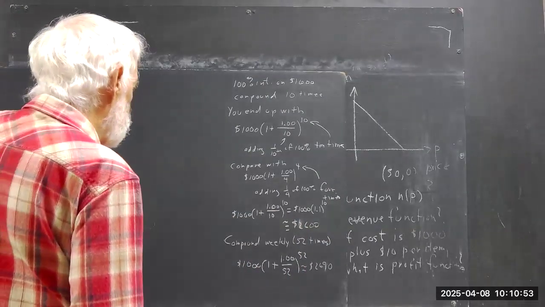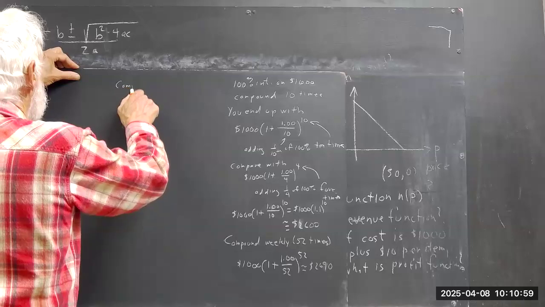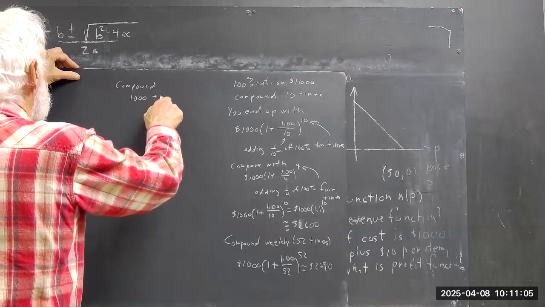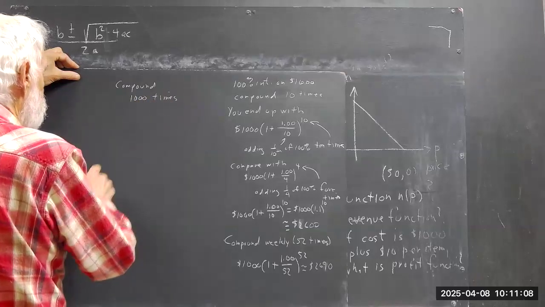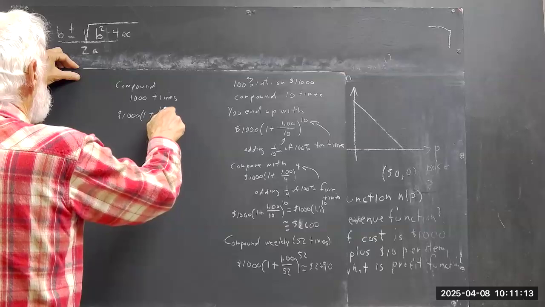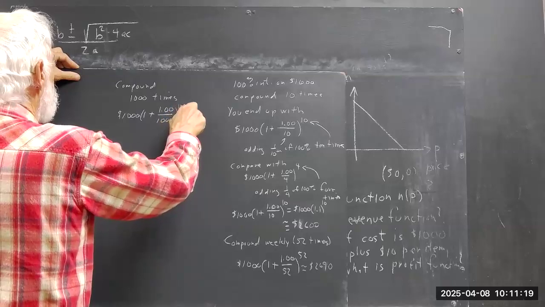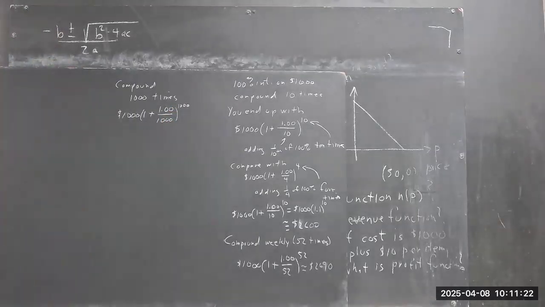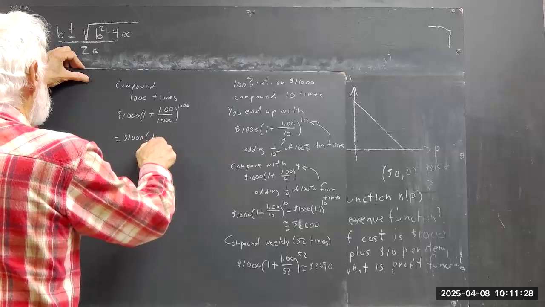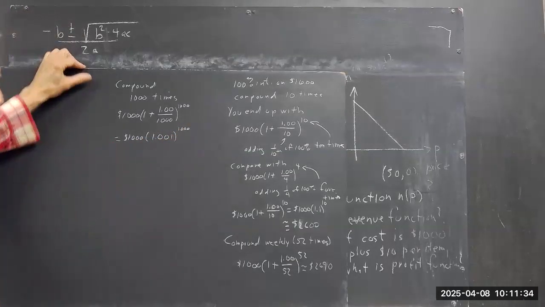Okay, well, let's just compound 1,000 times. That means you're going to have $1,000 times 1 plus your 100% interest divided by 1,000, to the 1,000th power, which is $1,000 times 1.001 to the 1,000th.